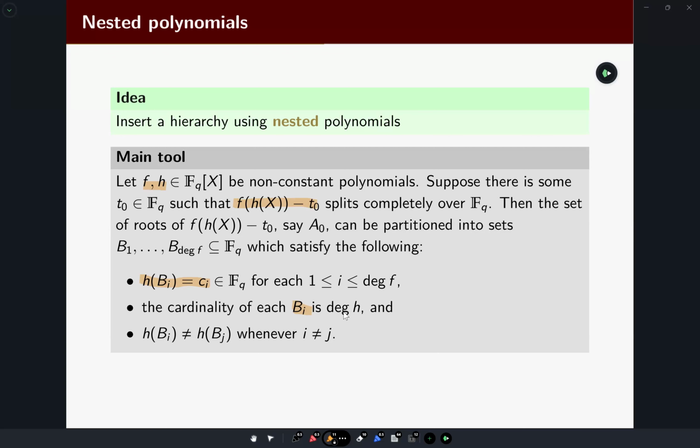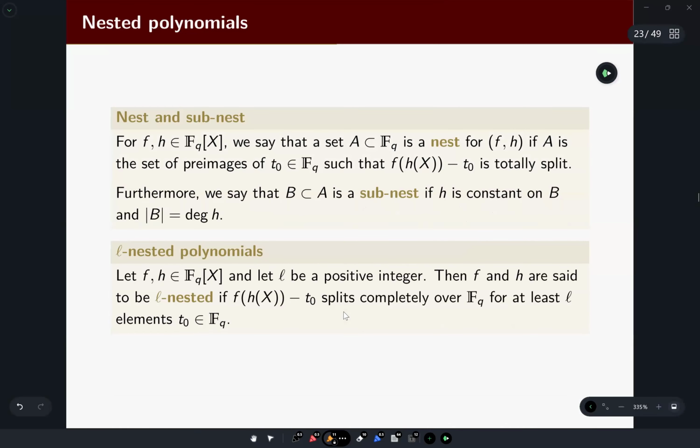So basically, we were able to create a nice structure where we have a bigger set and a smaller set inside, where the polynomial f(h(x)) was constant on the bigger set, while the polynomial h(x) was constant on the smaller set. That's why we call them nests and subnests. A nest is the bigger set on which f(h(x)) is constant.